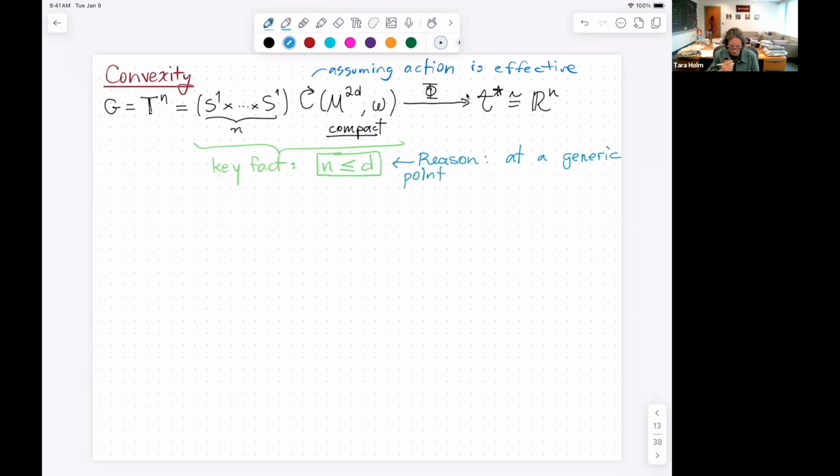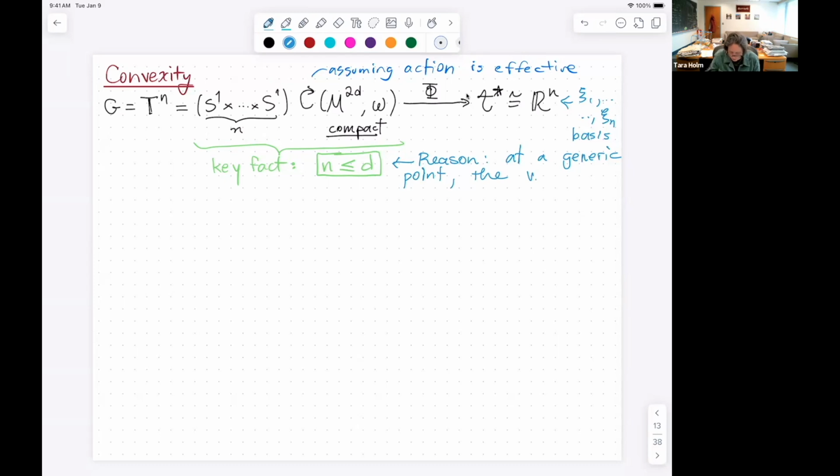So at a generic point, if I choose a basis of cotangent vectors or identically tangent vectors, then I can look at the vector fields that they generate.